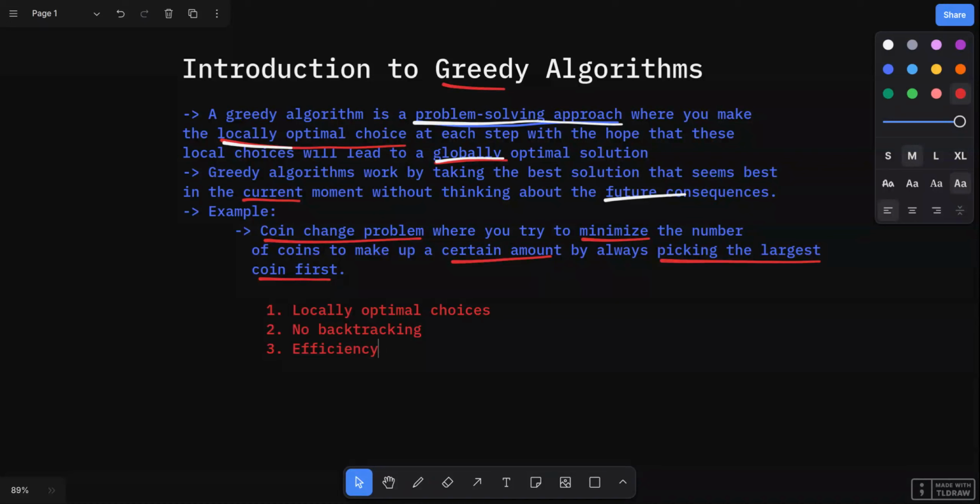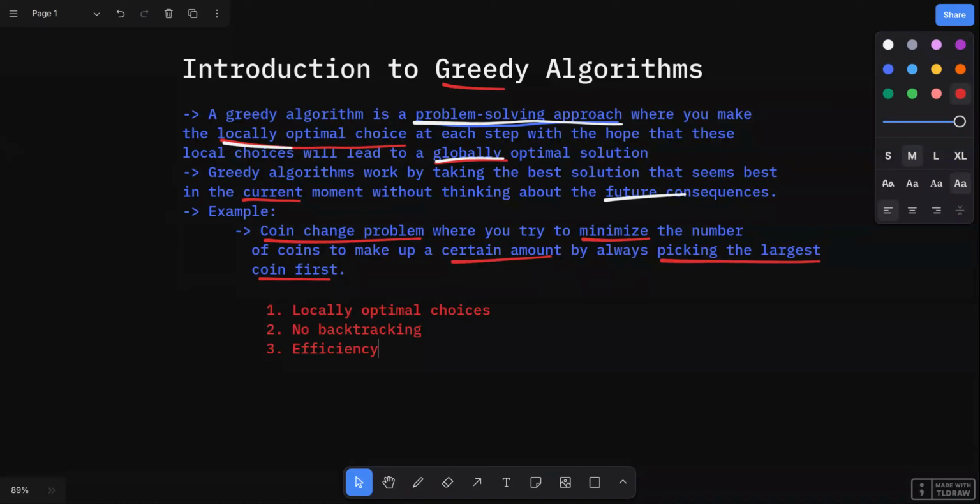So you could have a global solution that is somewhat optimal, but not the most optimal, because you didn't consider every possible choice you could have made at each of the steps that you are taking.